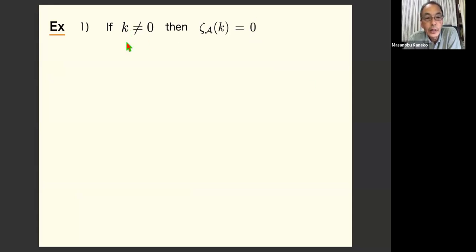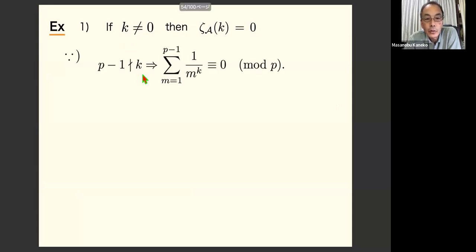But if we allow k to be negative, it's also 0, except when k is 0. This is simply because each p component is this sum modulo p. But when the exponent k is not a multiple of p minus 1, then by elementary number theory, this is 0 modulo p.